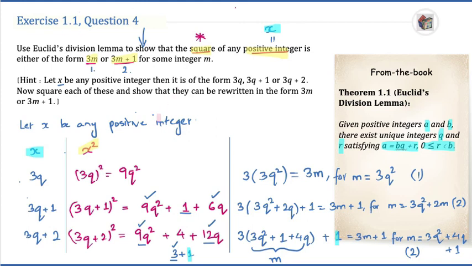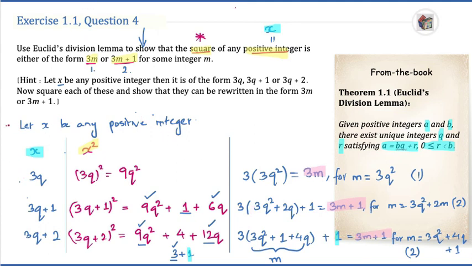You just had to show that no matter what positive integer in the world you take, if you square it, you're going to have one of these two forms. So we're successful in proving that. Here's form number 1, form number 2, and form number 2. We did not do anything specific. We didn't take any special numbers.